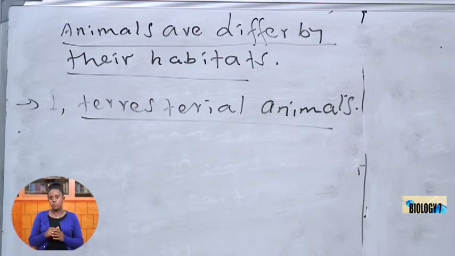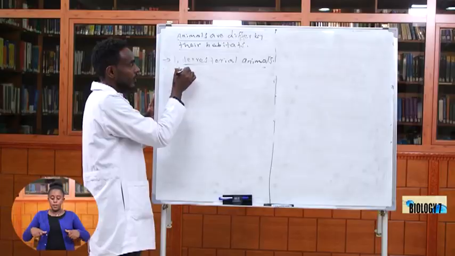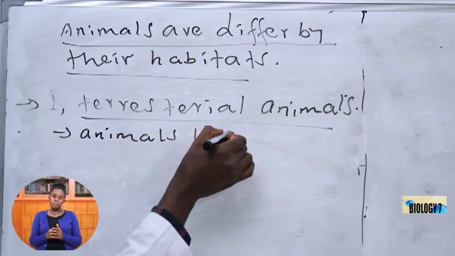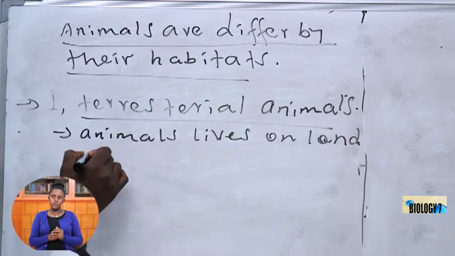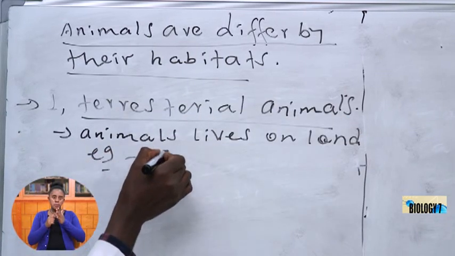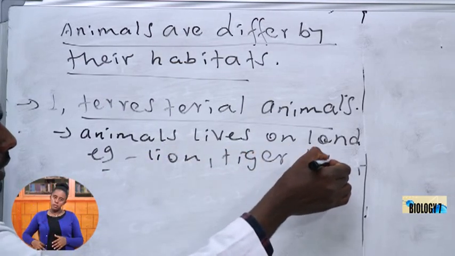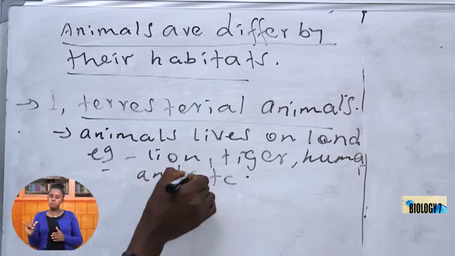Terrestrial animals are animals that live on land. Example: lion, tiger, human, and so on.